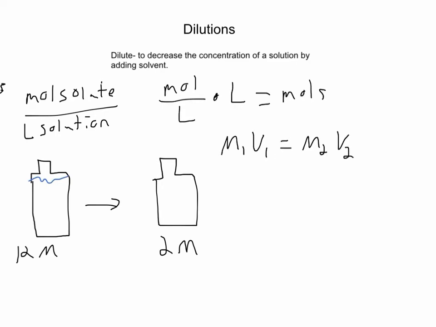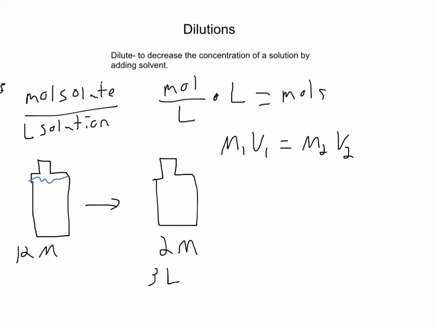To see how this works, let's do an example. The 2 molar solution that we want to make, let's say we need 3 liters of that solution.